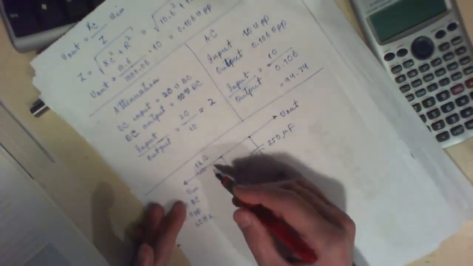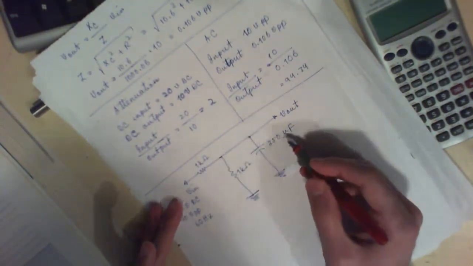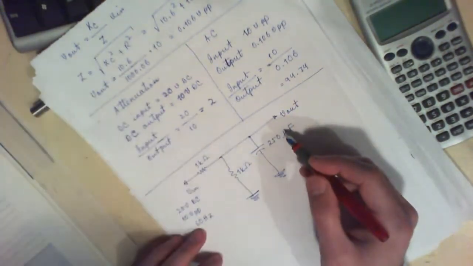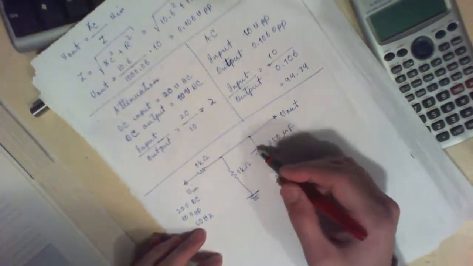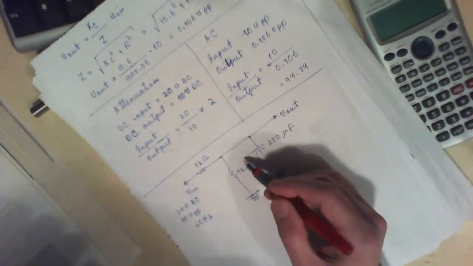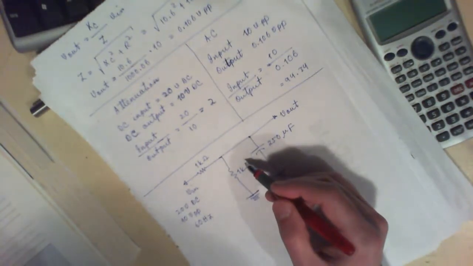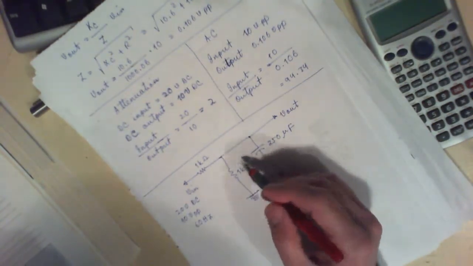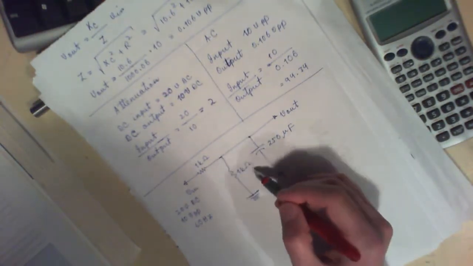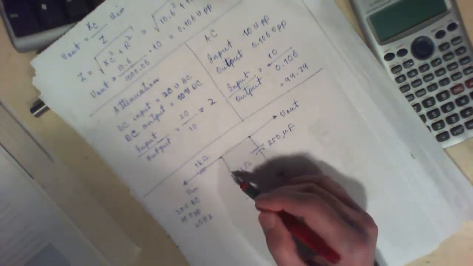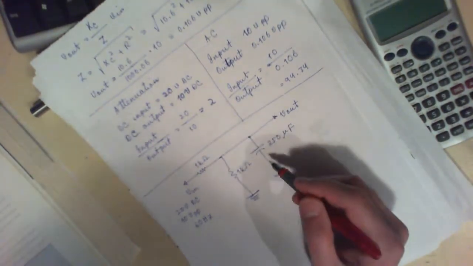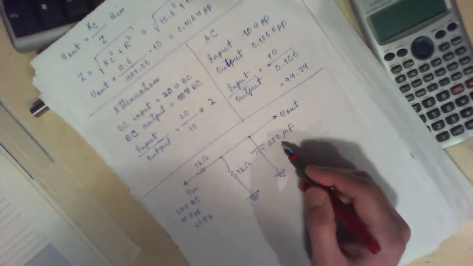Okay, so in order to do that, we first need to find the reactance of this capacitor at this frequency, see what that is, and then check that the reactance is at most 1/10 of this resistance over here.